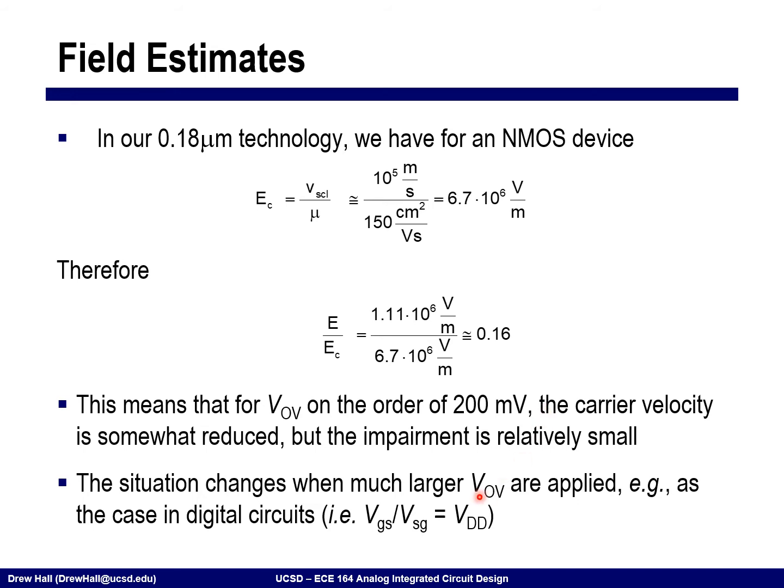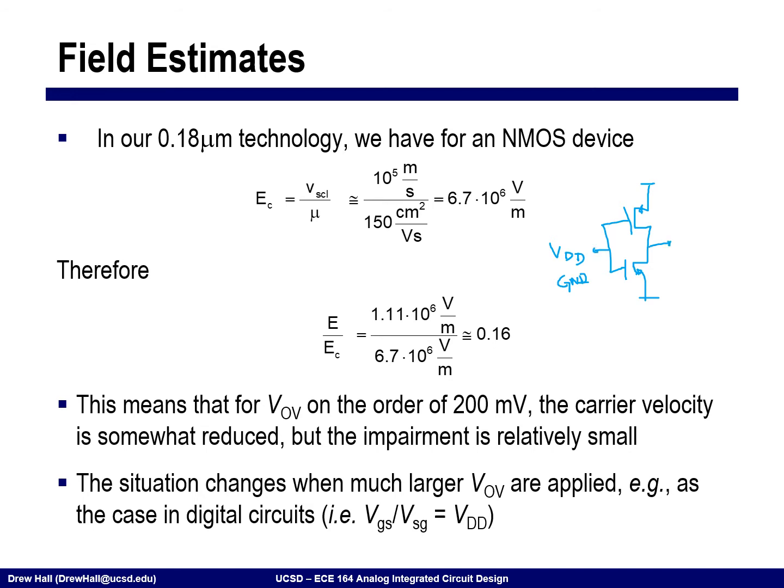If we apply a larger VOV, however, as you do in digital circuits where VGS or VSG are equal to the supply voltage, if you take a simple example like an inverter, I apply a VDD or a ground to the input, and I get the same swing on the output.